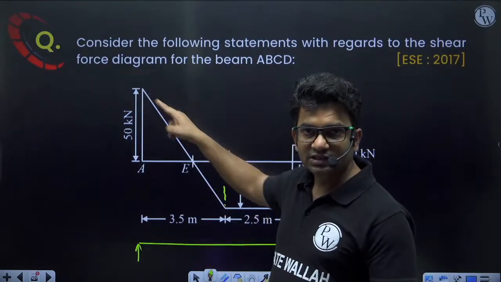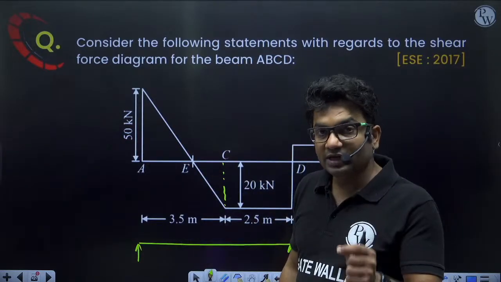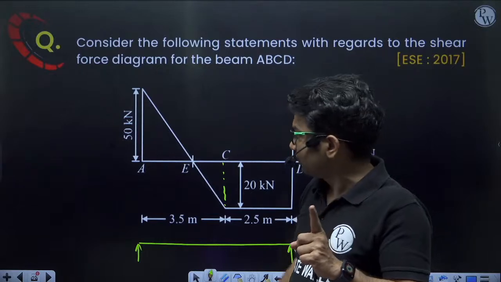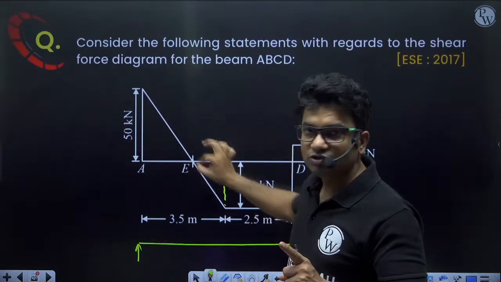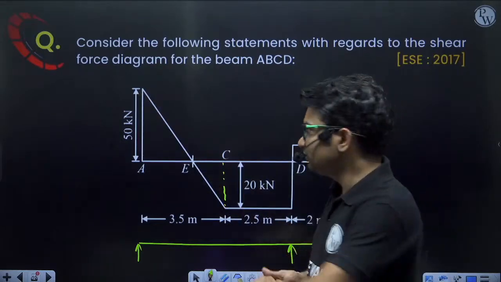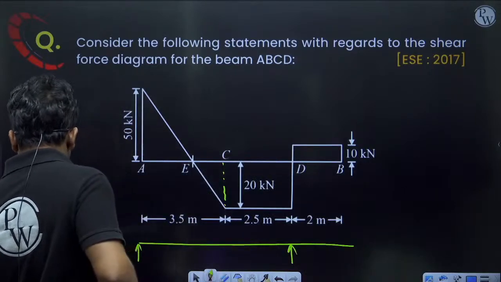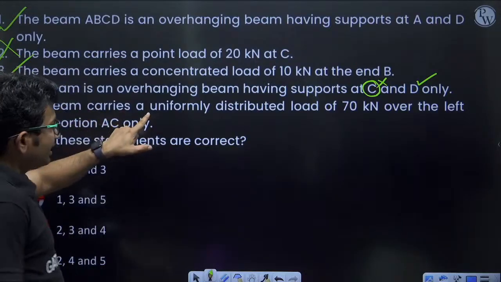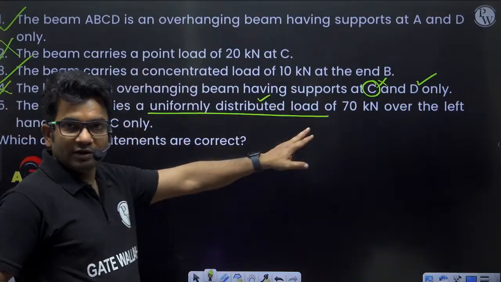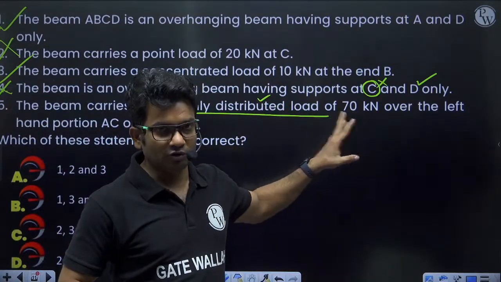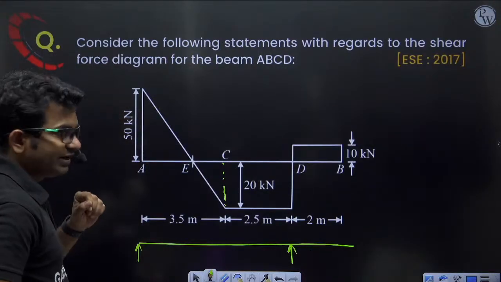When the loading is UDL, in that portion the shear force diagram will change uniformly. Very good, so this part seems correct, that it is a uniformly distributed load. Now we have to see if the magnitude is 70 kilonewton or not.